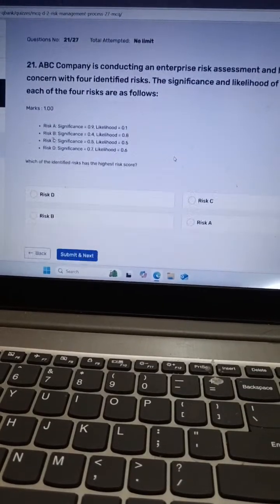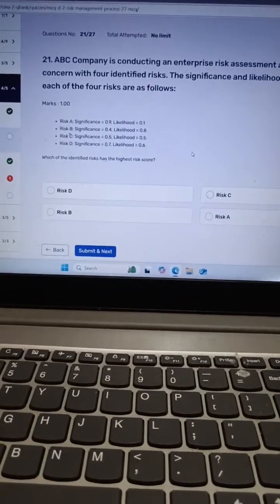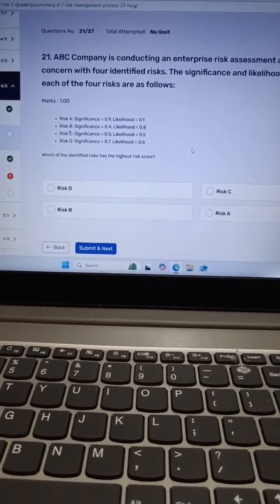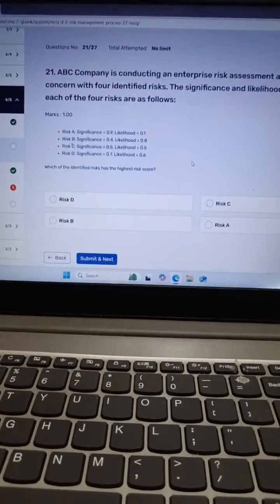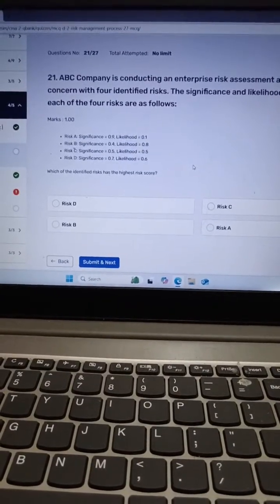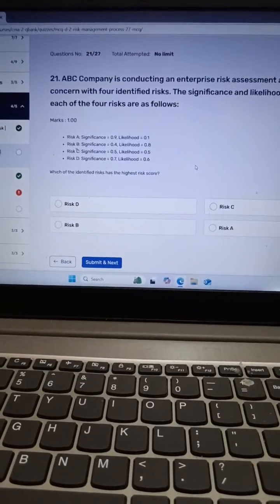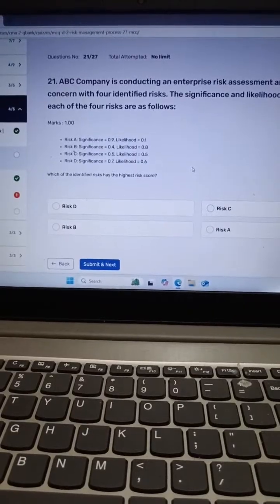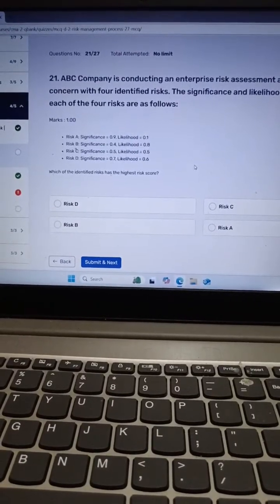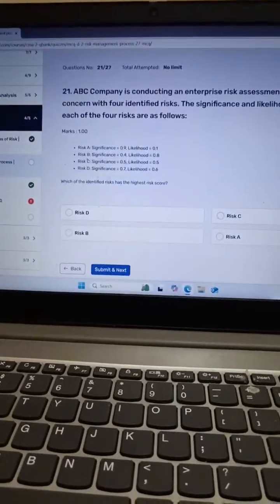And this one, I think this is the simplest question out of the whole set, right? We just need to calculate the probability. Probability is 0.9 multiplied by 0.1, so 0.09, and 0.4 multiplied by 0.8 is 0.32. 0.5 multiplied by 0.5 is 0.25, and 0.6 multiplied by 0.7.